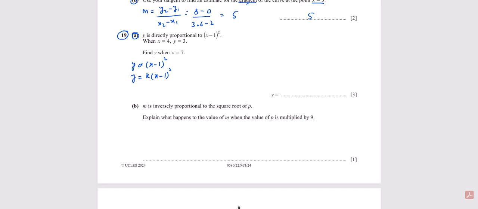So when x is equal to 4 and y is equal to 3, 3 is k into 4 minus 1, 3 square.